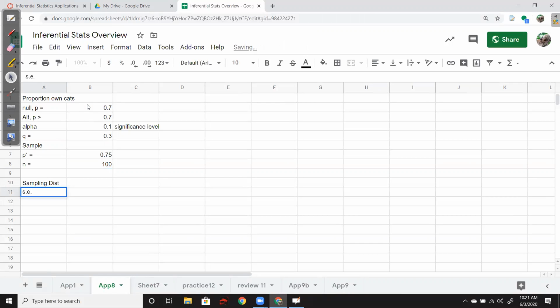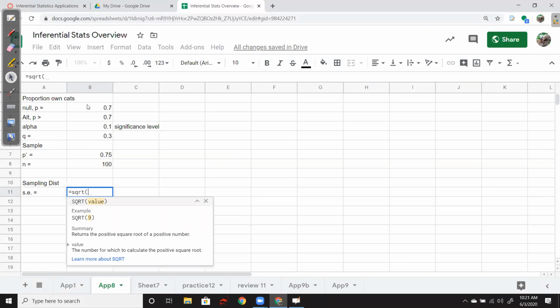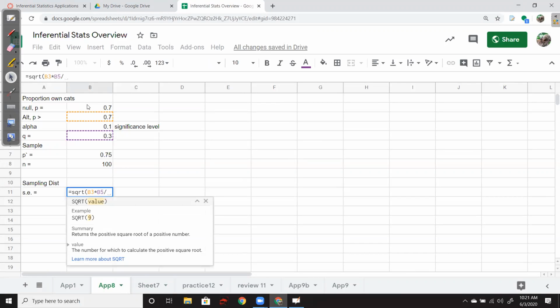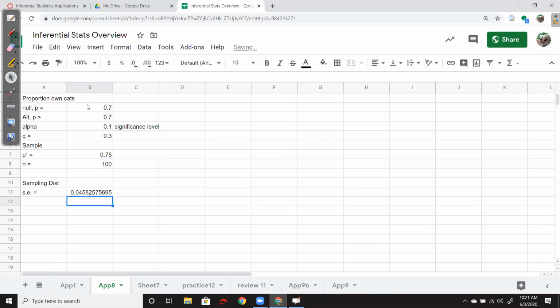Standard error, and that's that funky square root, SQRT of P times Q divided by N. So in some kind of calculator, you want to put that out there. And that's just the standard deviation of the distribution of proportions. That's another way to word that.